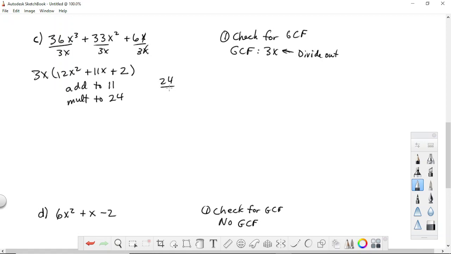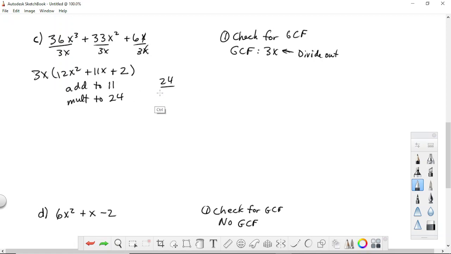They add to 11. No negatives here. Hope that actually makes it a little simpler, right? Products of 24 that add to 11. Of course, a negative times a negative would also multiply together to get a positive number, right? But they would not add to a positive number if they're both negative.